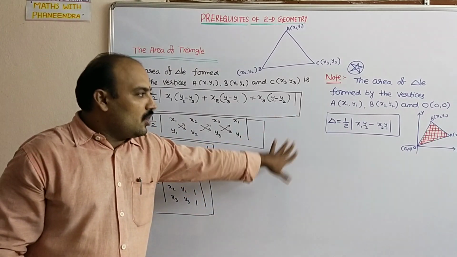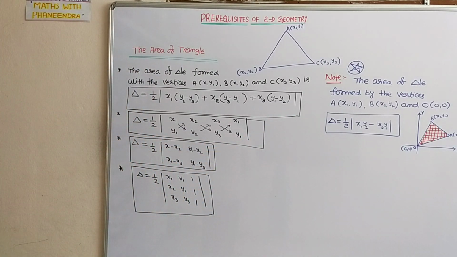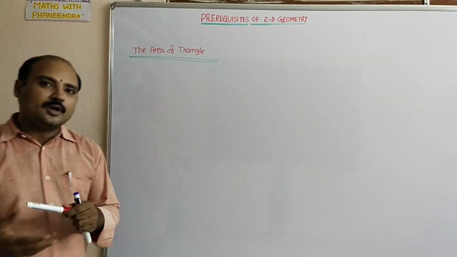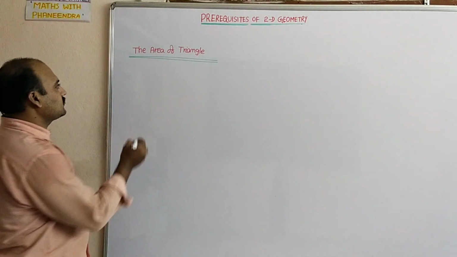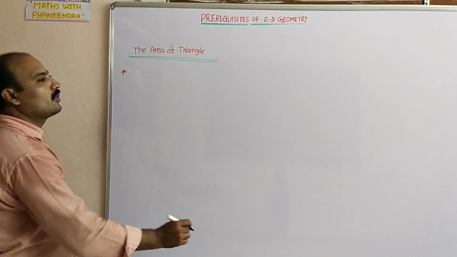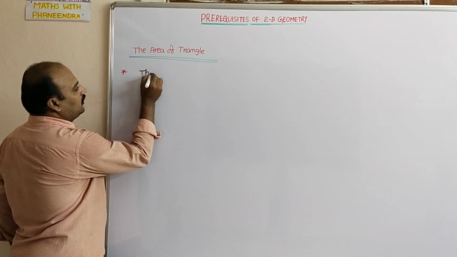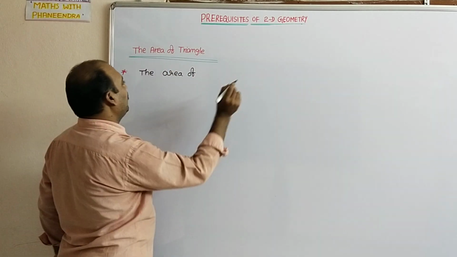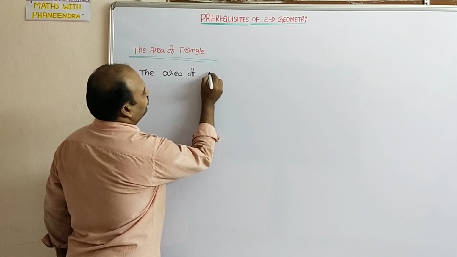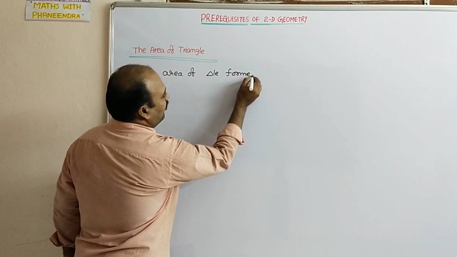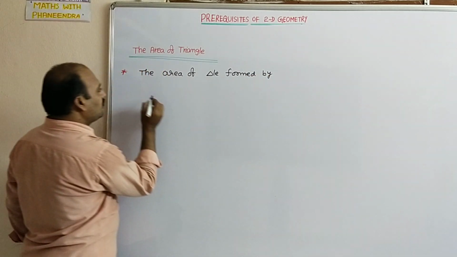More 2 to 3 models I will explain now. In the area of triangle, different models we are going to discuss. The area of triangle formed by the vertices.